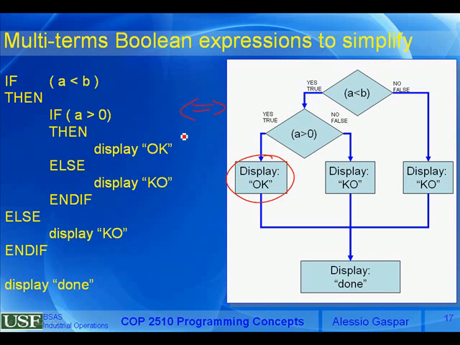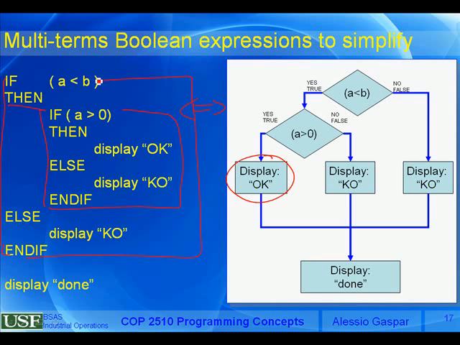What do you notice? There is here an if statement that is nested inside of the then part of another if statement, which is right here. So we made our code a little bit more complicated to achieve the same goal, because we didn't want to use a complicated Boolean expression.